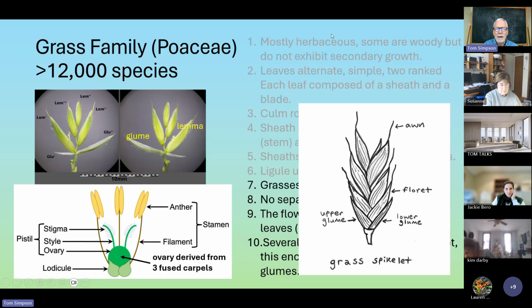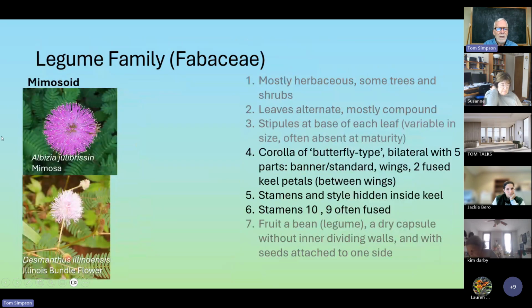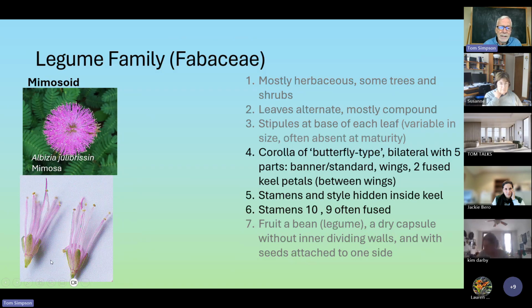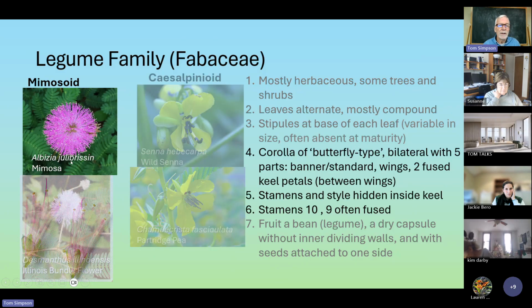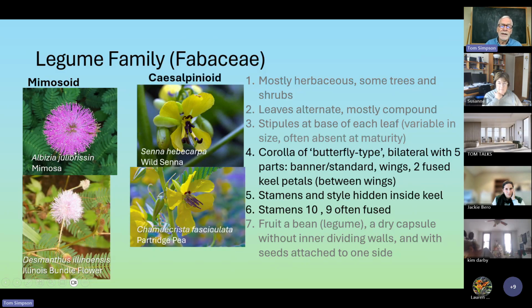We do have some Illinois bundleflower, which is in this very different group, the mimosoid group. The mimosoid group is different because it has a very different flower structure, and they're all sort of spherically arranged on these heads. We don't have to worry about that. We don't really have any plants like that in our area.